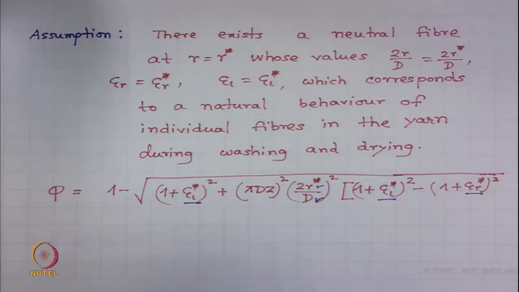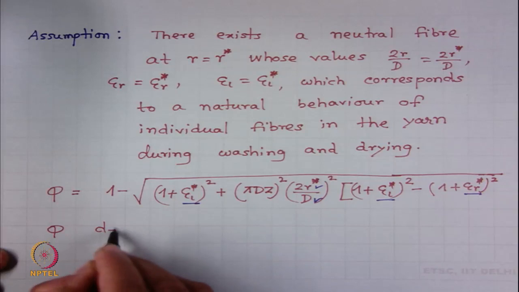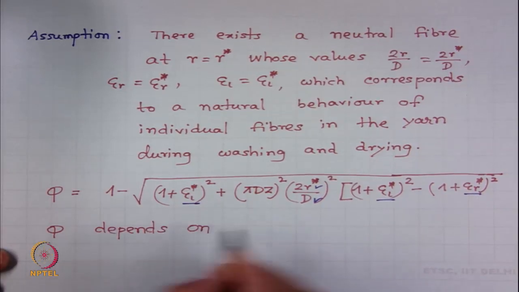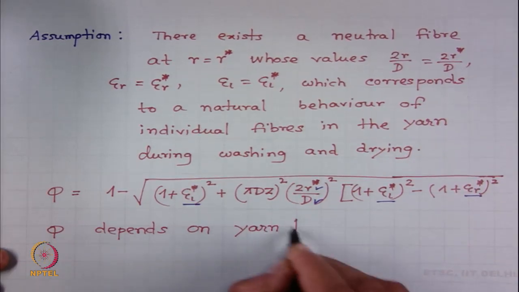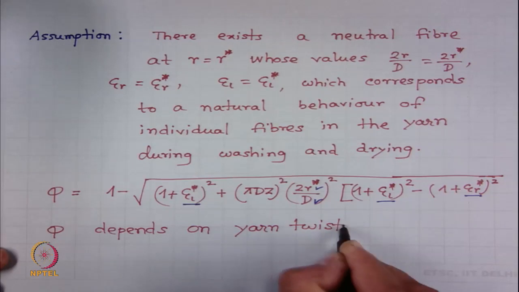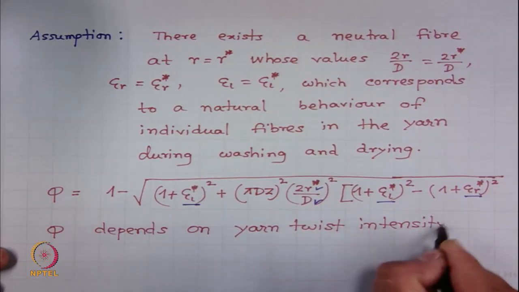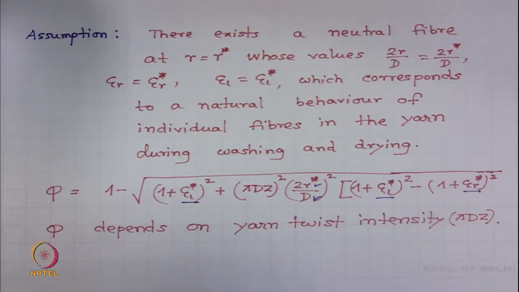So, in that case yarn shrinkage depends on yarn twist intensity, pi d z.